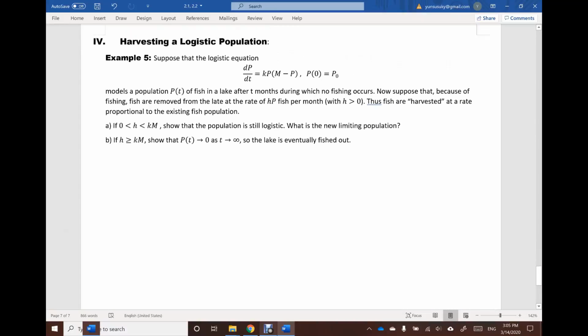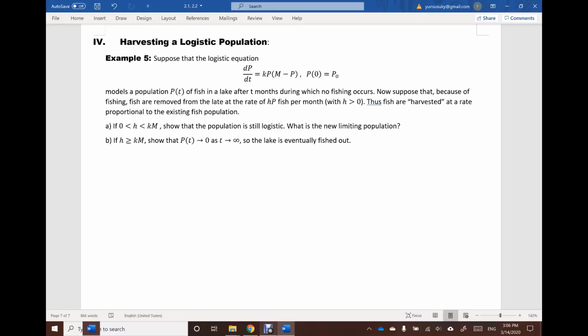Alright, let's look at the last model, harvesting a logistic population. Let's look at example 5. Suppose that the logistic equation dP/dt equals kP times (M minus P), where P0 is the initial population, models a population of fish in a lake after t months during which no fishing occurs.